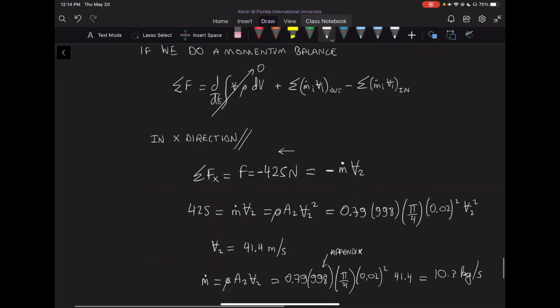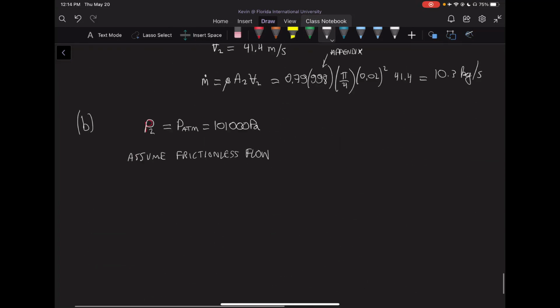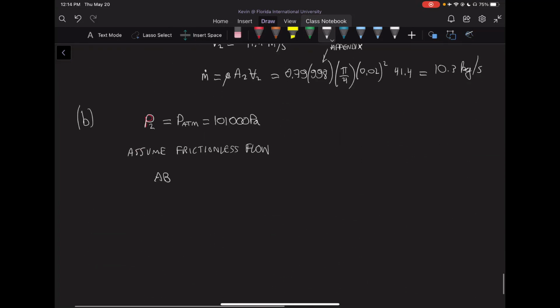We're told that we have to solve for the absolute pressure at section 1. So we're going to assume that we're along a streamline, and along the streamline, we're going to try and figure out the pressure.